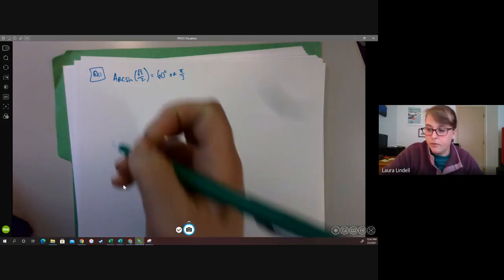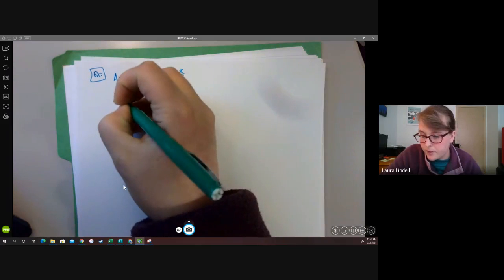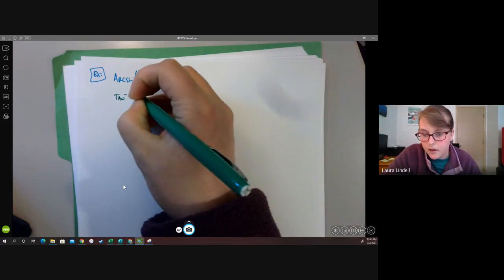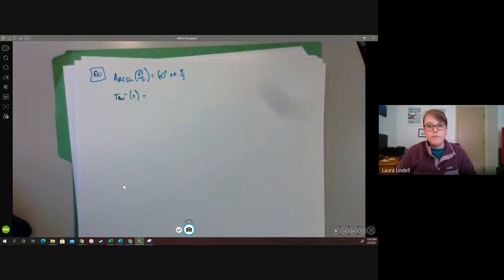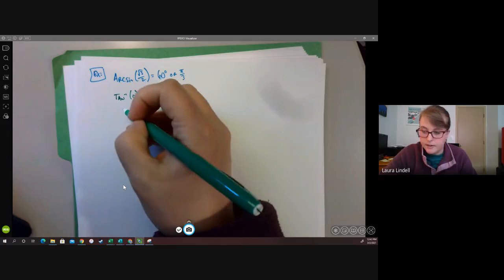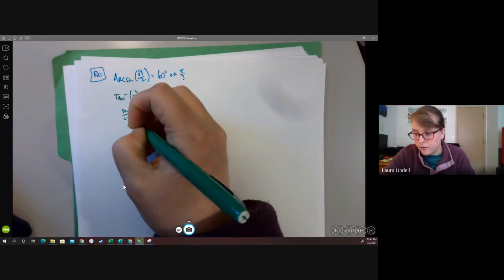Or here's another one. What if we did arctangent, or tangent inverse, of 0? All right. Well, on the unit circle, sometimes you have the tangent values written down, sometimes you don't. But we do remember that tangent is sine over cosine, right?